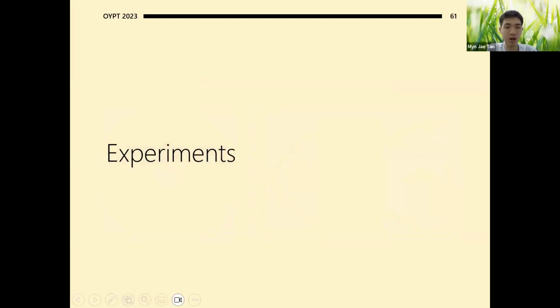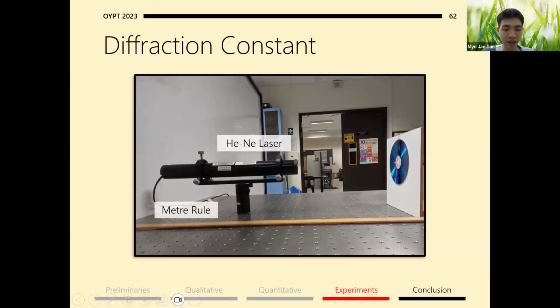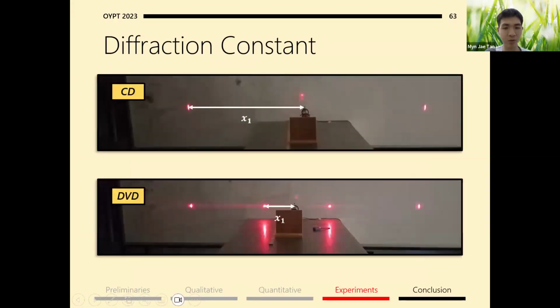Next I'll be moving on to my experiments, comparing the theoretical model with the experimental data. Firstly, I measured the track spacing on the optical disc. This was done using a helium neon laser. I defined my variables as such, and I placed a white screen behind the laser.